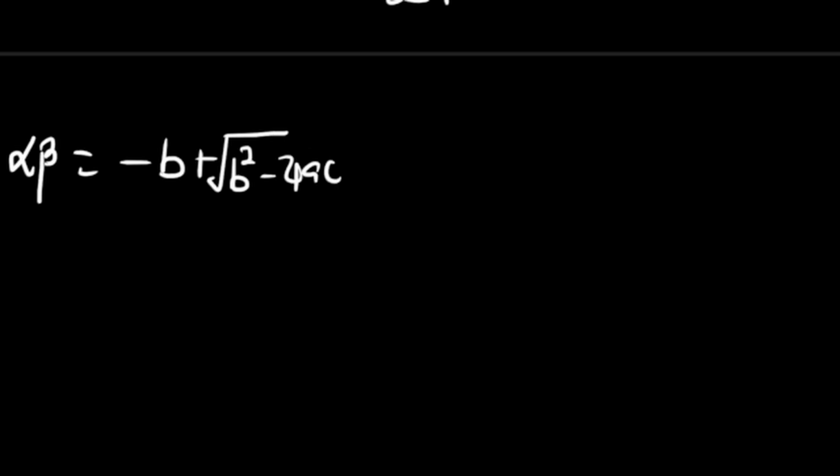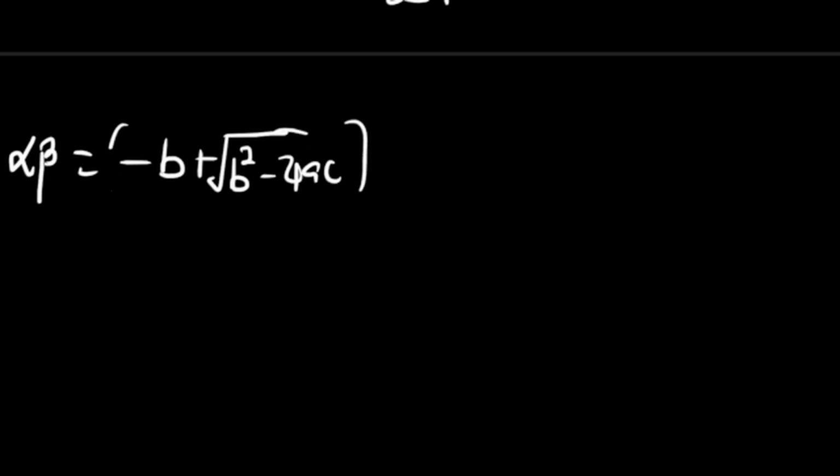We have alpha times beta equals, let me multiply them. Right here we have, for the alpha, negative b plus the square root of b squared minus 4ac.